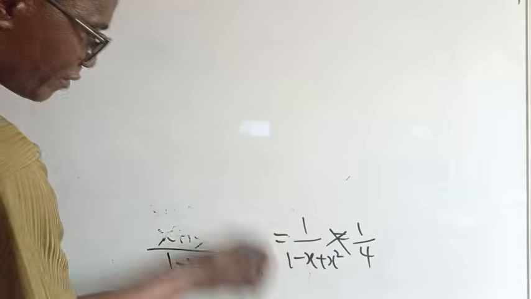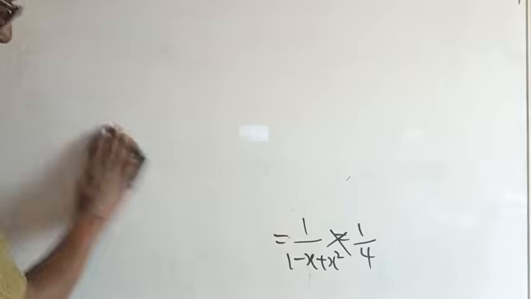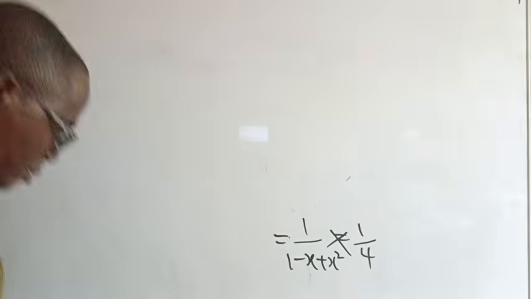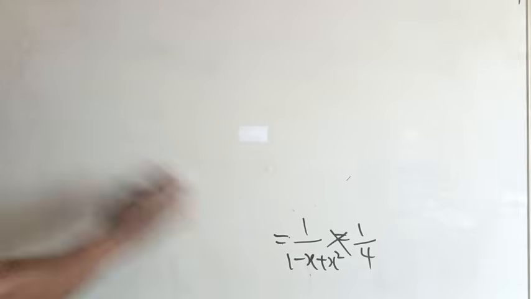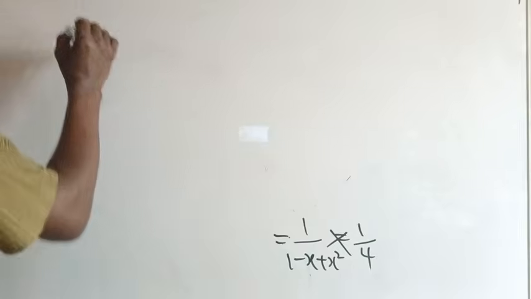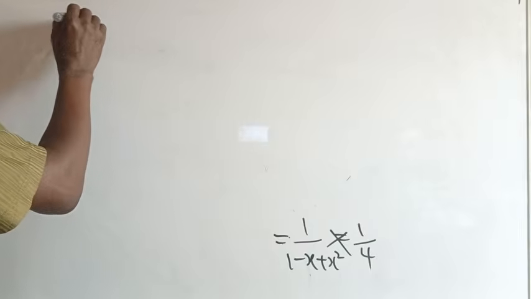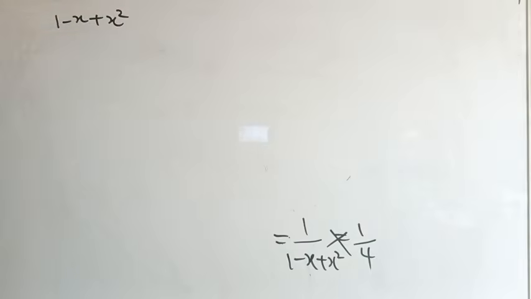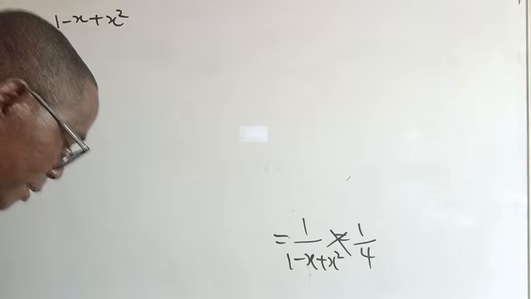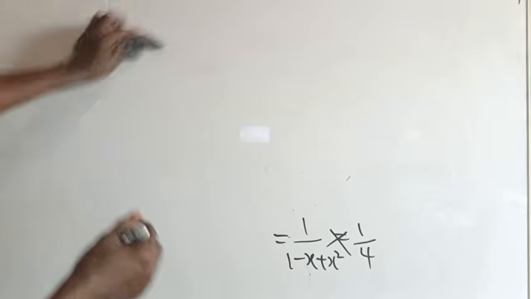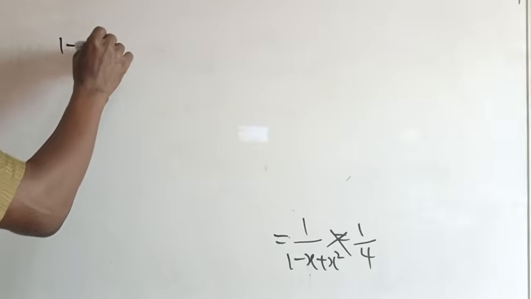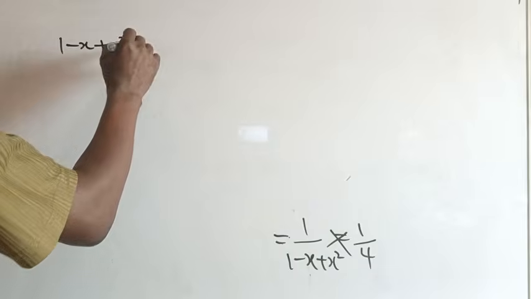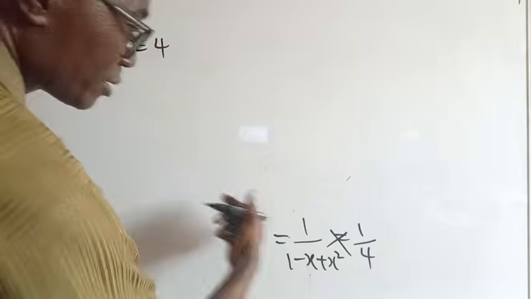Now, when you cross multiply, we get 1 minus x plus x squared. I hope you are following. Let's write it clearly. Sorry about that. So that it'll be clear: 1 minus x plus x squared is equal to 4. So you understand? Cross multiply.